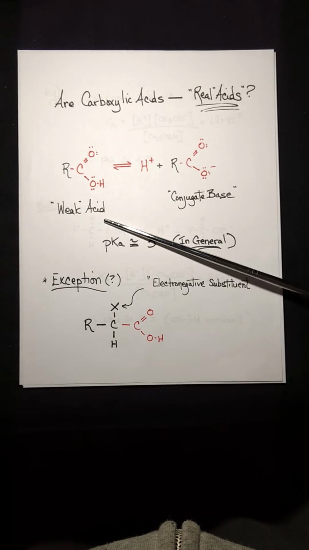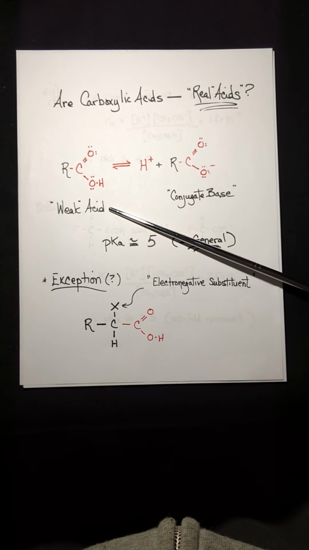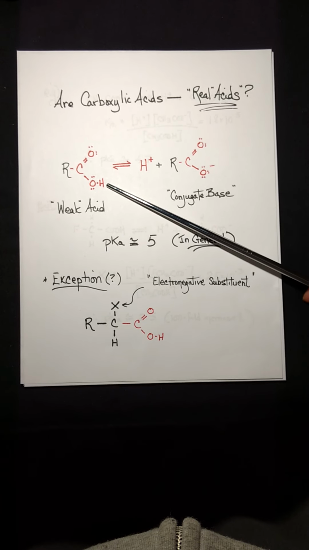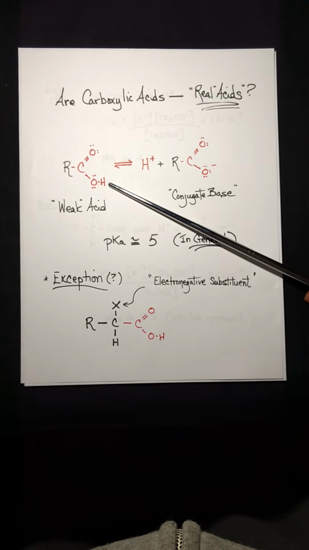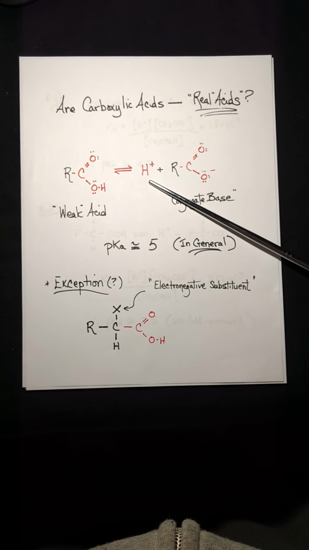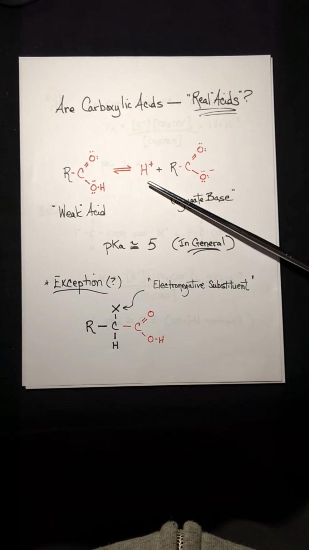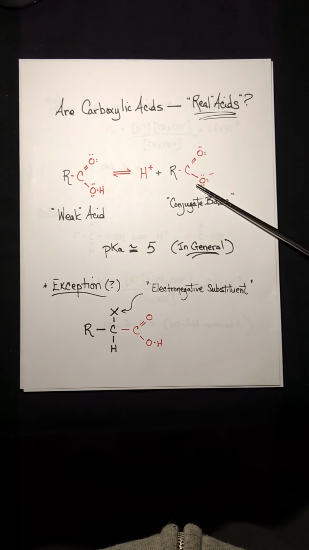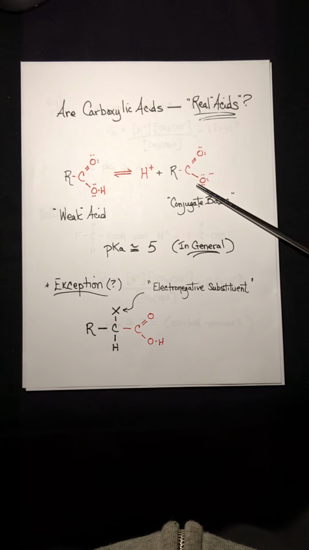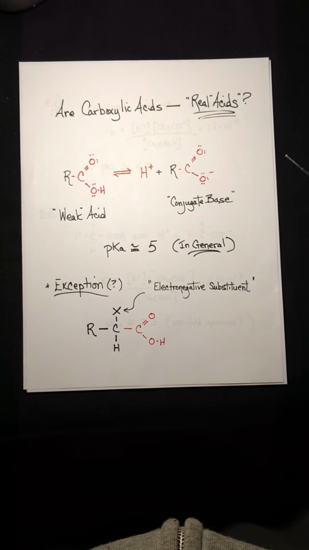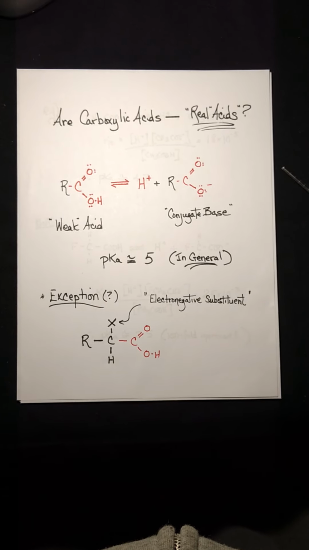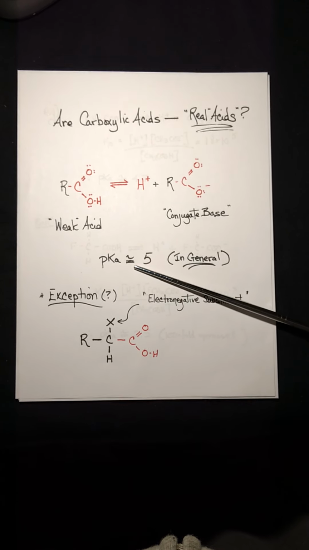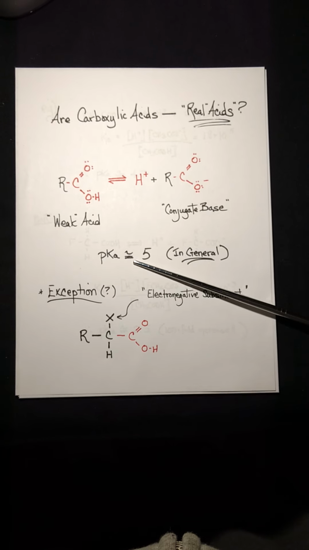Carboxylic acids are classified generally as weak acids, but they do have an ionizable proton, what we would call an acidic proton. And when they dissociate, they also release a conjugate base, which we will call a carboxylate. Now, again, they are weak acids. In general, the pKa value for carboxylic acids is around 5.